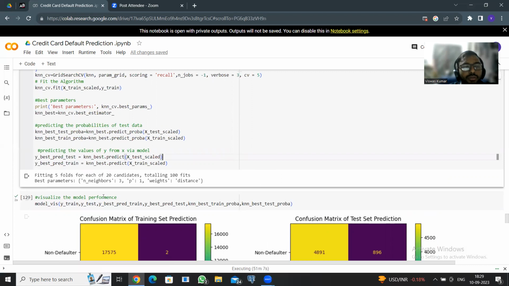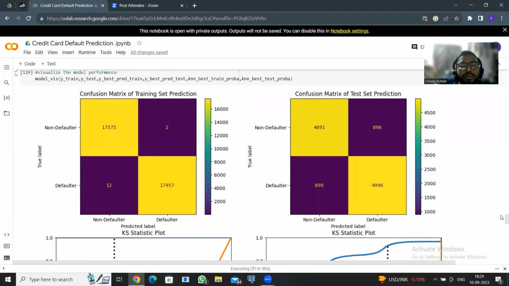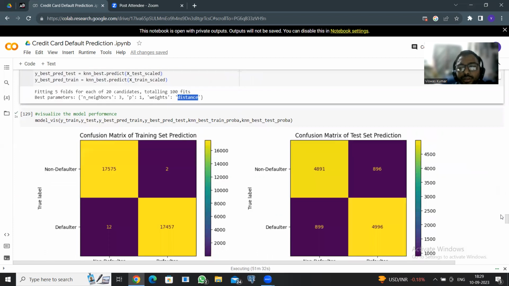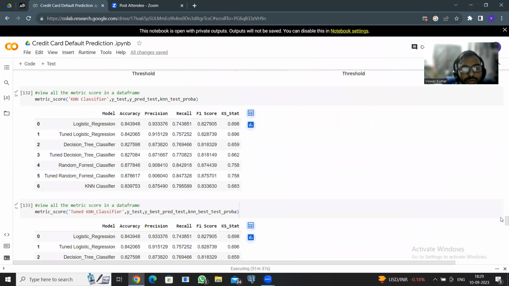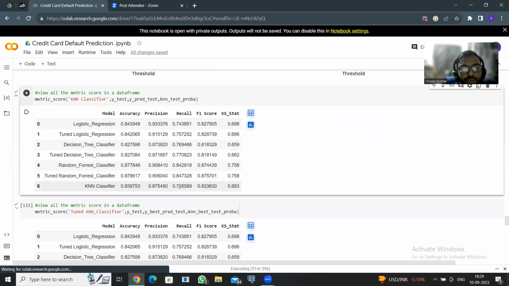Using grid search CV, we found the number of neighbors should be 3 and weights equal to distance, meaning it will calculate the distance to every point in the data set and decide the result, the probability of defaulting or not defaulting. We can see the recall score of 0.79, which is less than the random forest classifier.